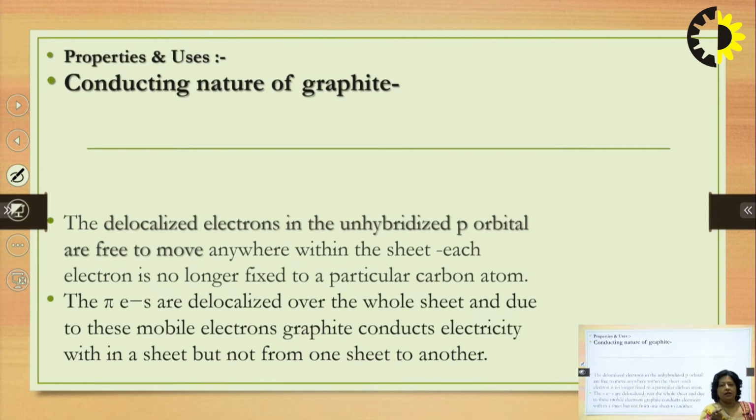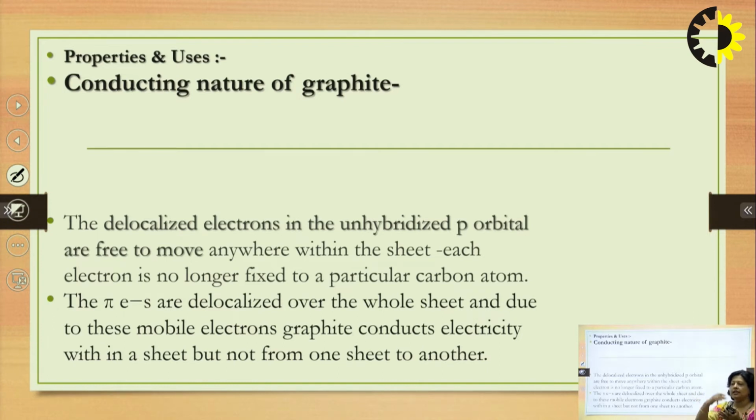Now the next property is the conducting nature of graphite. Obviously, all these properties are interrelated with only one thing, the fourth free valency of the carbon, which is attached with the van der Waals forces. So what are van der Waals forces?